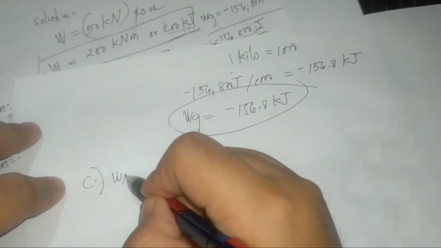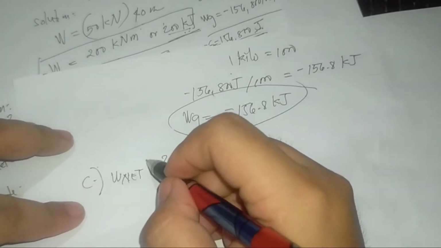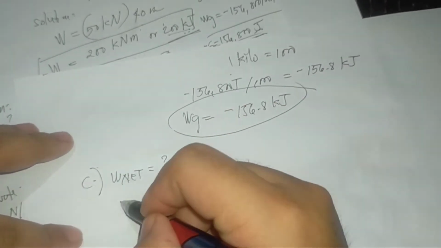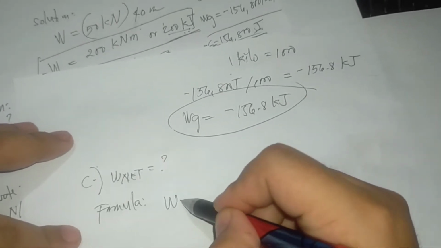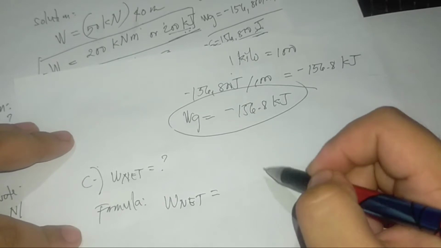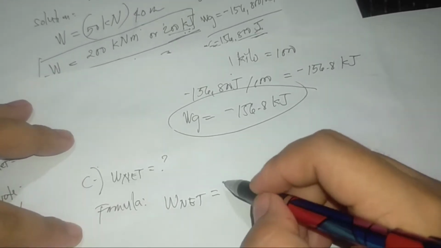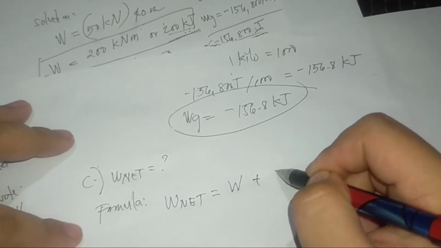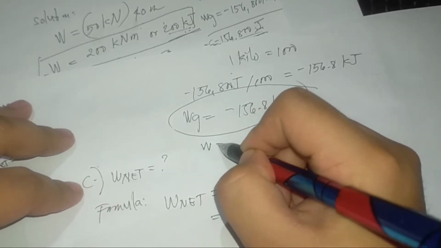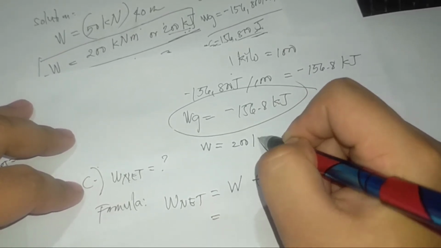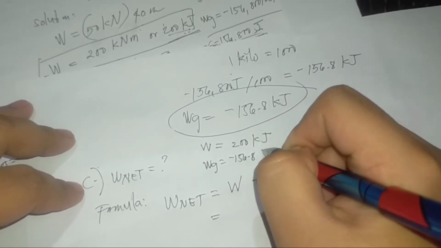Next is to find the net work. So, the formula that we are going to use in this illustration is, since this one is work net, you need to find the total work done. So, you need to add W plus Wg. And take note, W is equal to 200 kilojoule and Wg is equivalent to negative 156.8 kilojoule.